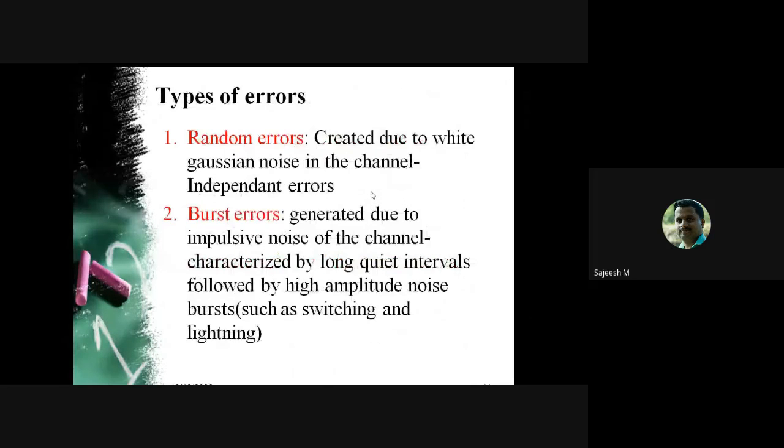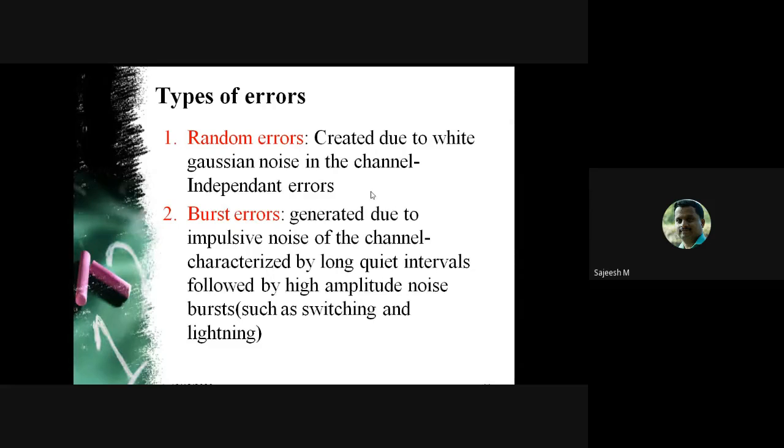We can classify the errors occurring during this transmission as random errors, created due to white Gaussian noise in the channel, also termed as independent errors. Sometimes these errors are classified as independent errors and burst errors, and these independent errors are random in nature, therefore also known as random errors.